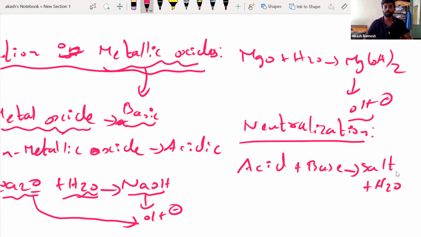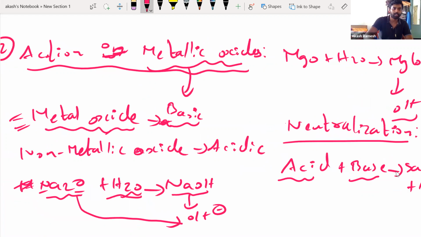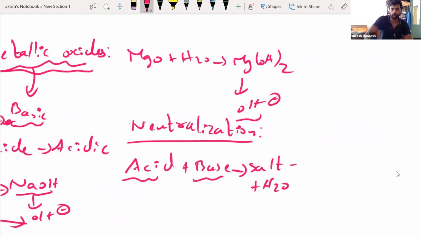When I have an acid, and if I use a metal oxide instead of a direct base, and it gives salt and H2O, then also it is a proof that metal oxides are basic in nature.